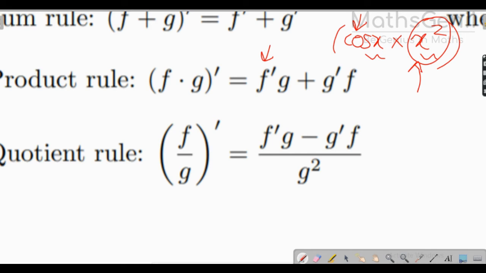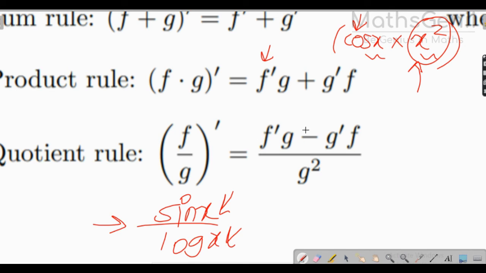However confusing this might sound, once you look at the questions, it is supremely simple. Okay. Now quotient rule. Similarly, the same example, if you have anything in upon, for example, you had 1 upon sine x and you had log x. So both are in x and are in division. So you use this formula.